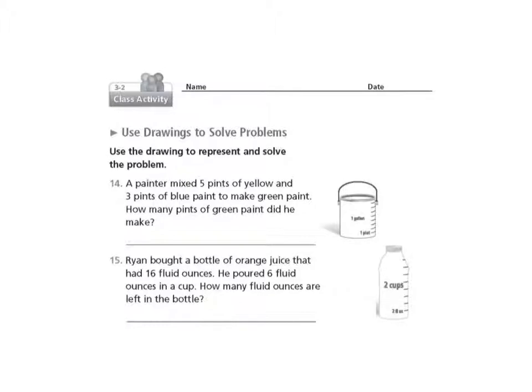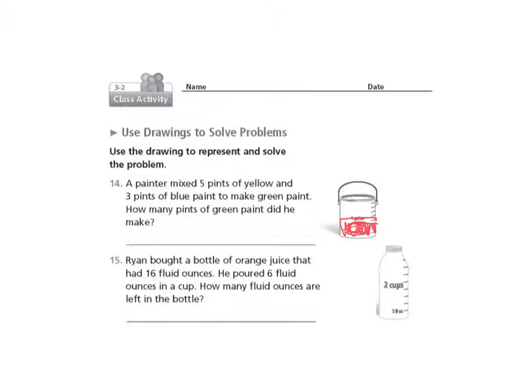Okay. Now we have some problems, and they want you to use the drawings. So use the drawing to represent and solve the problem. A painter mixed 5 pints of yellow paint. Unfortunately, I don't have yellow, but I do have this pink. 1, 2, 3, 4, 5. So pretend it's yellow.